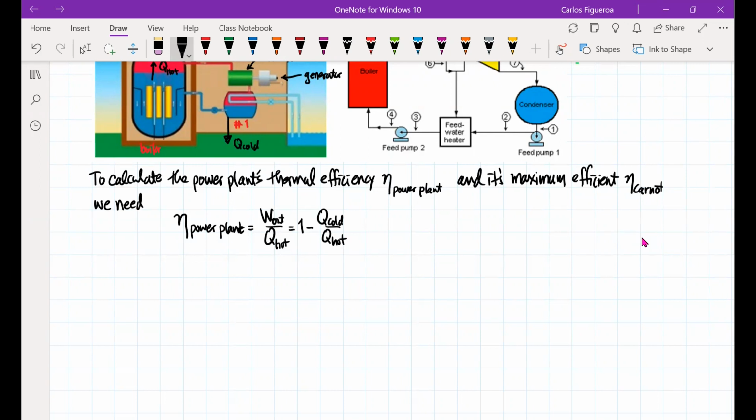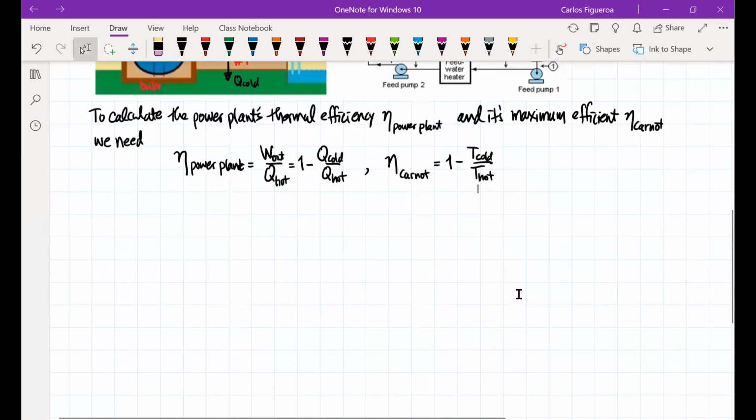Okay, so that's going to be for the power plant, but then the maximum Carnot efficiency occurs for the temperature difference of the cold reservoir to the hot reservoir.